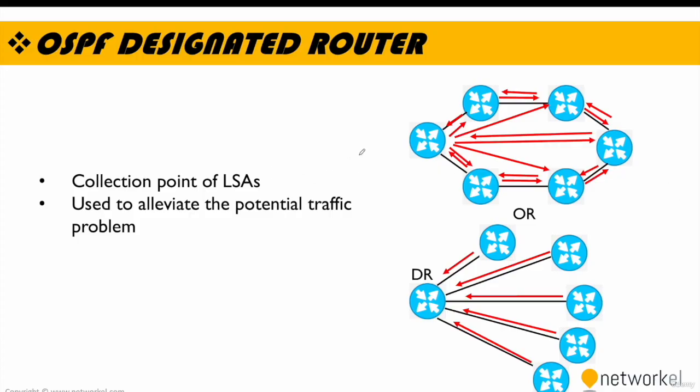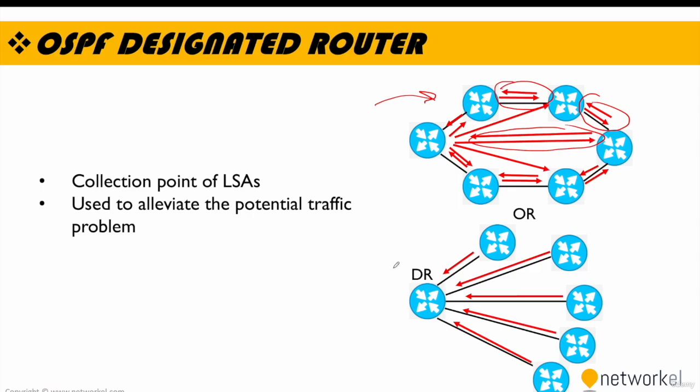Let's say there is no DR election, then what would happen? Each and every router would share the LSAs with each other. You can see here, that is a mess. That is a loss of bandwidth.